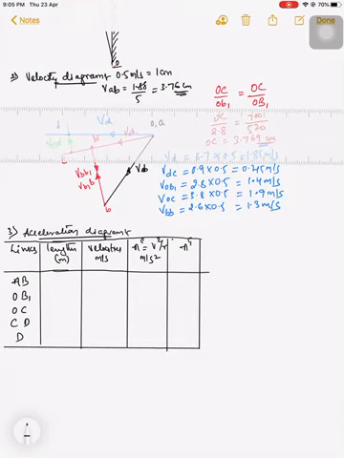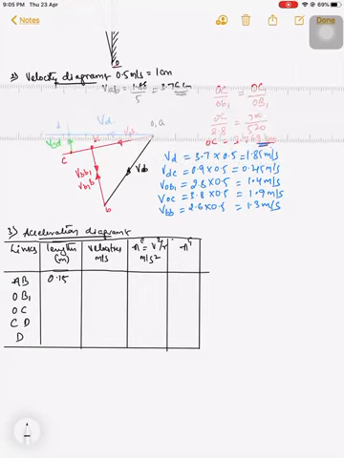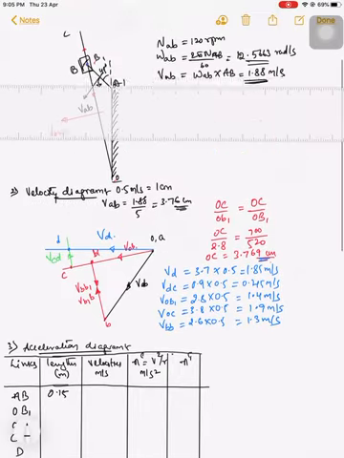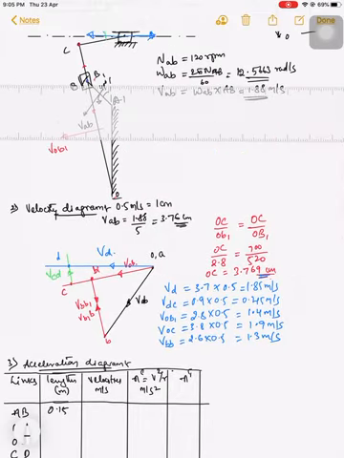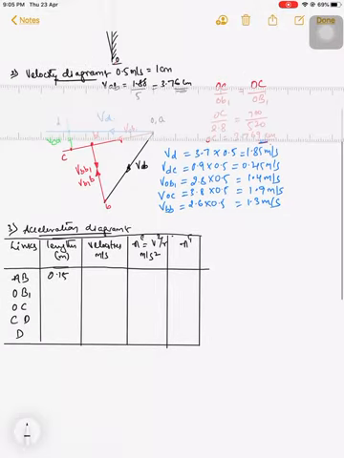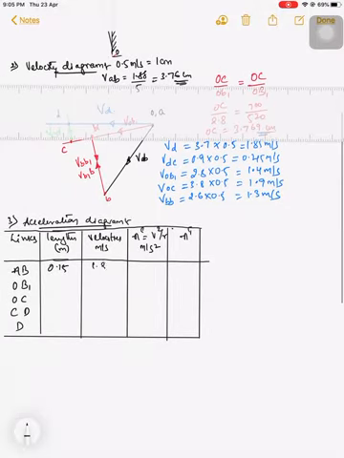So okay, now let us consider the length of AB, that is 0.15 meters, already given. And the velocity found out for VAB is 1.88 meter per second.